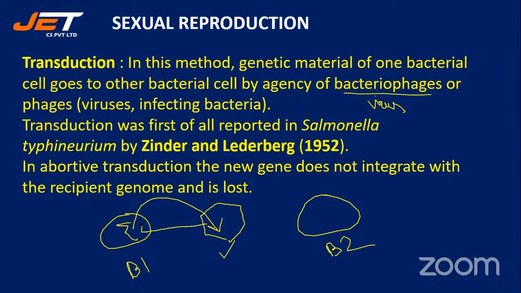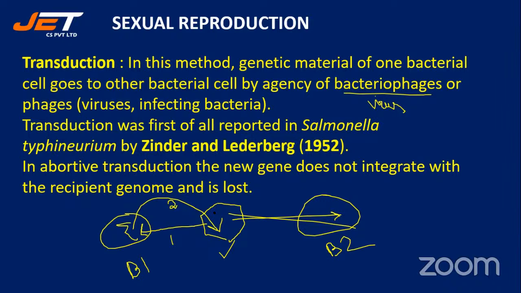In normal cases, this virus infects this bacteria, step 1. Then the genetic material goes into this virus, step 2. Then this virus again infects bacteria 2, and the genetic material is transferred into bacteria 2.